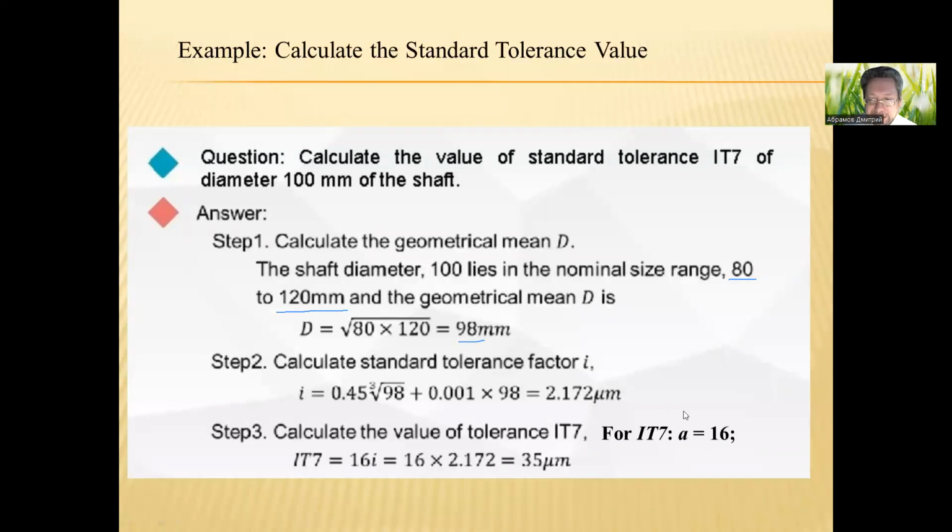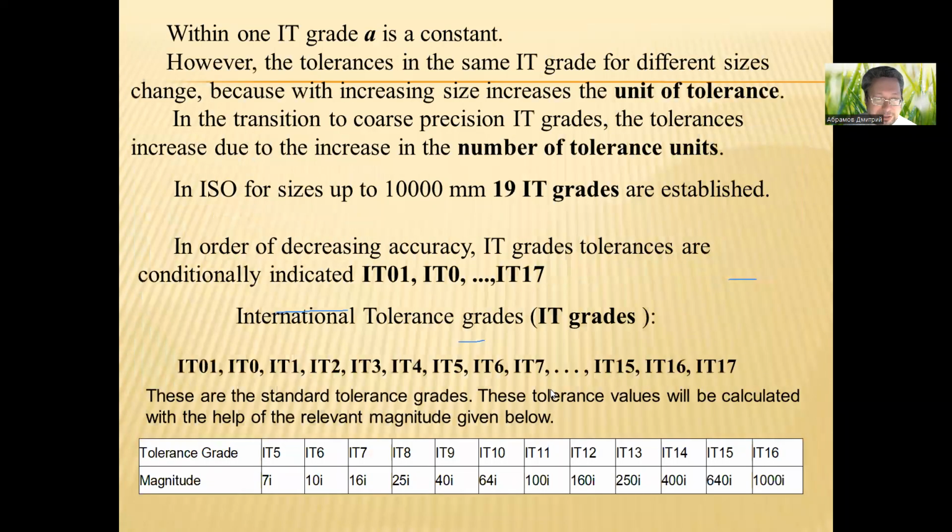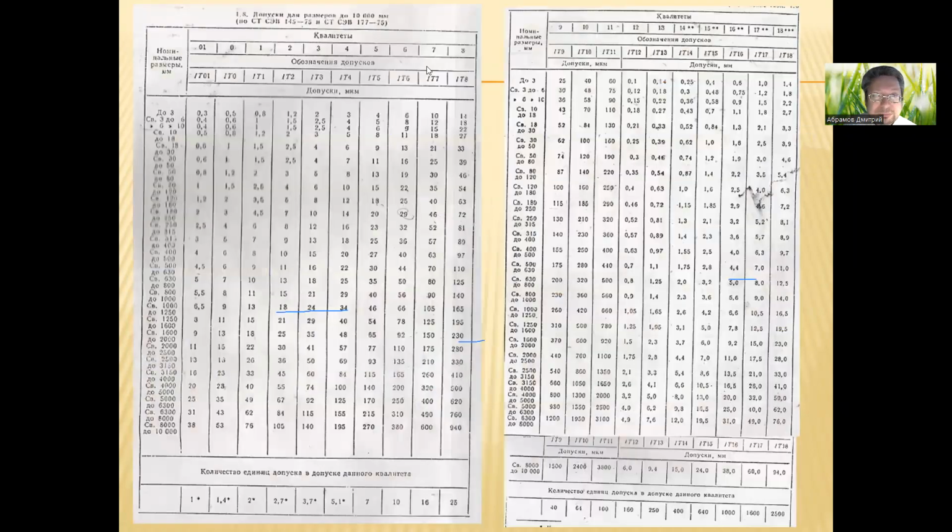Let's look at our table in the previous slides. IT grade 7. Here you are, and A is equal to 16.